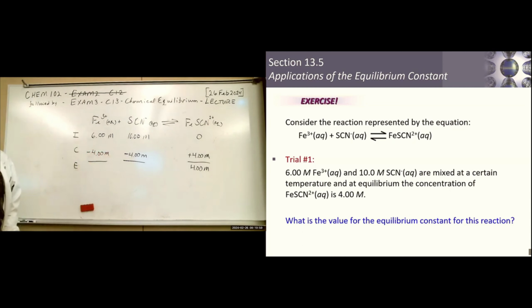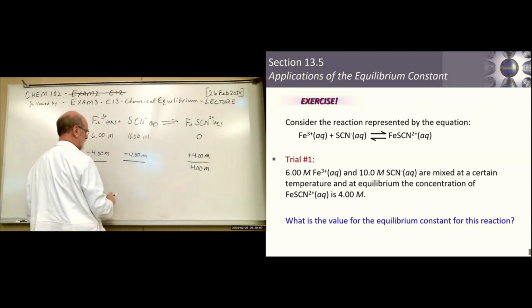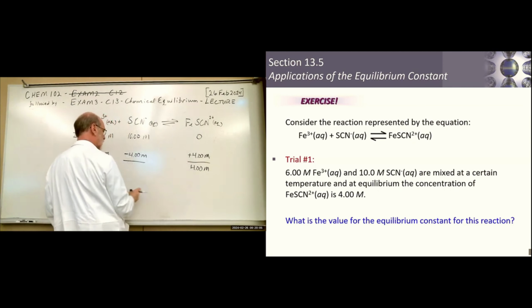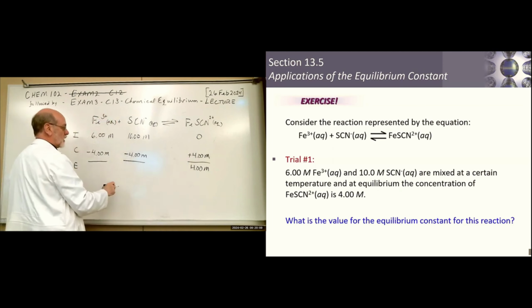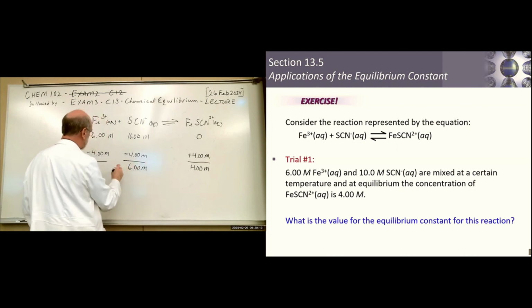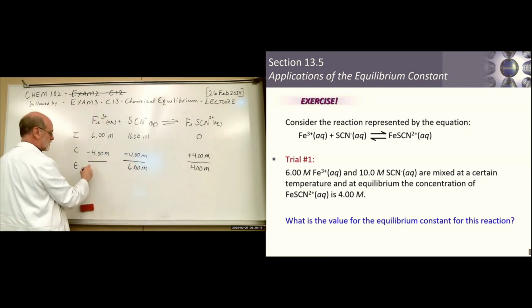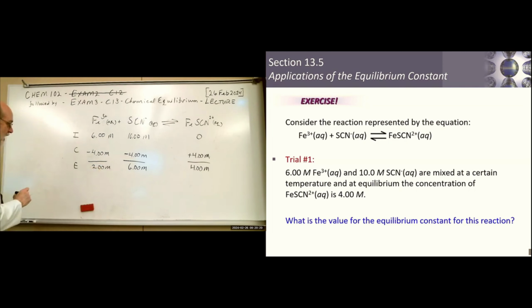It's the only way it can happen. For every one of these, you get one of those. So now we can calculate the equilibrium concentration of thiocyanate at 6 molar, and for iron 3 plus at 2 molar.